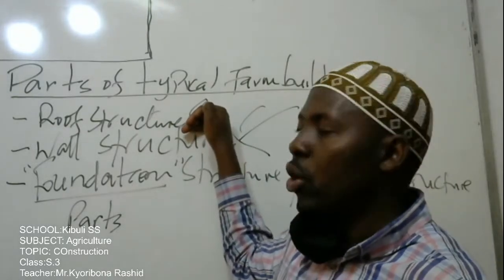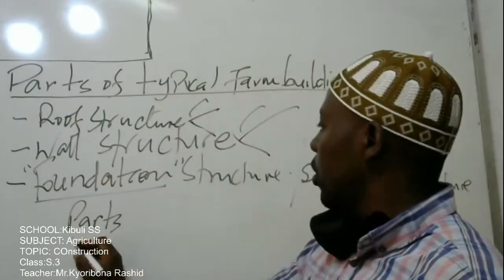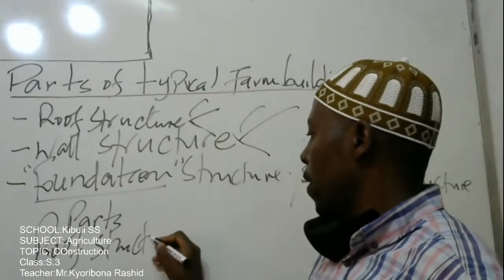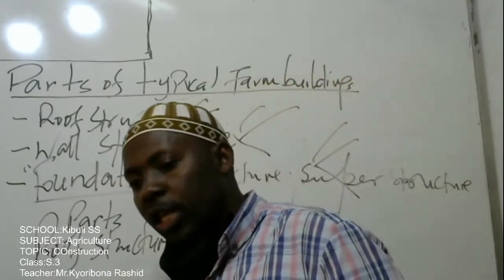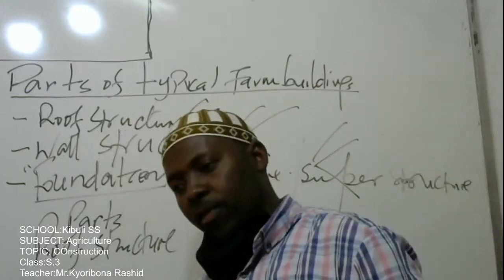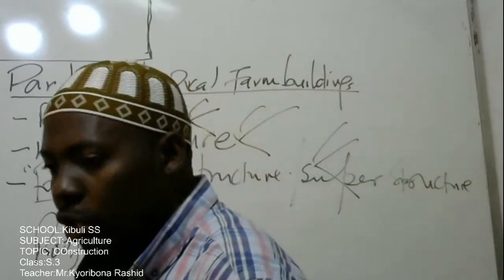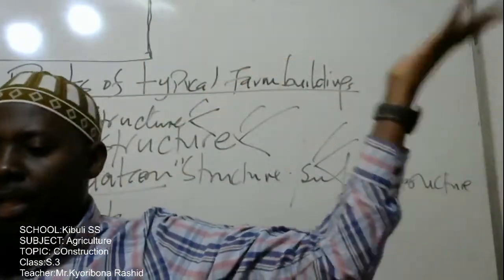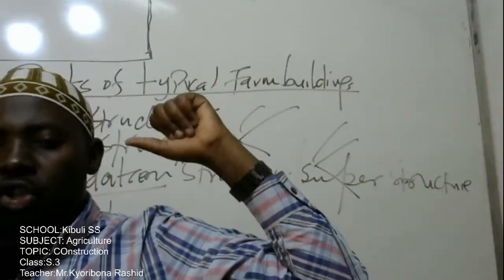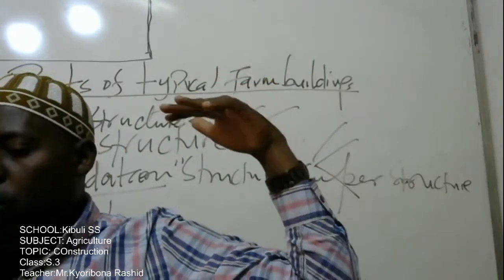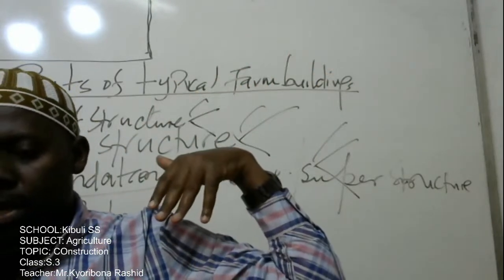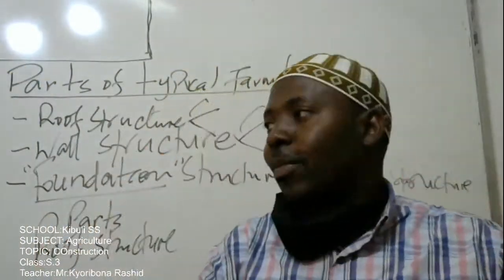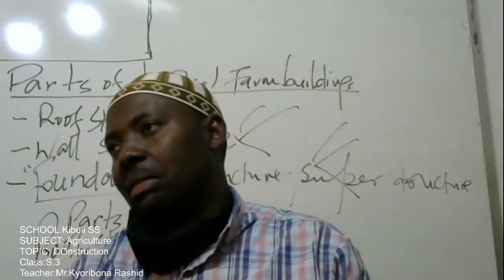If this is the roof structure, which features can be found on the roof? I do not want you to only look at the morphological structure, what you can see from the outside. I want us to also consider what we can see from the inside.